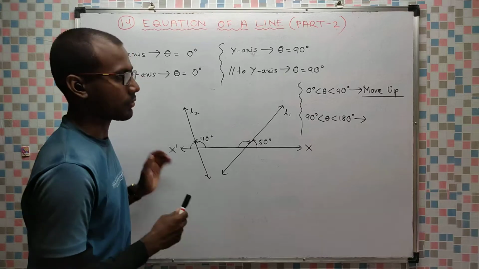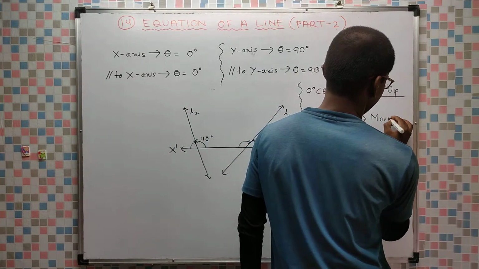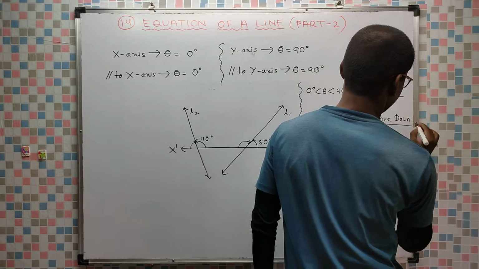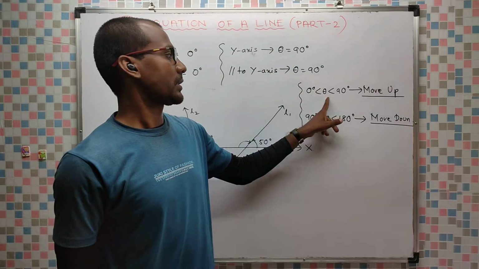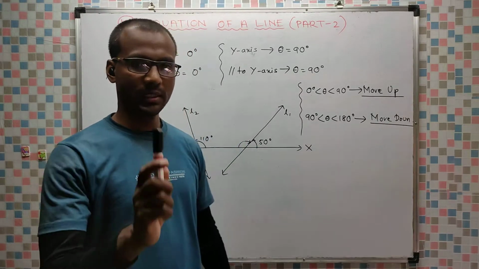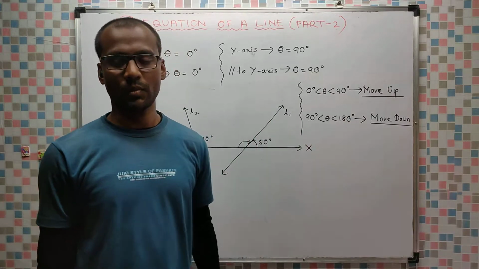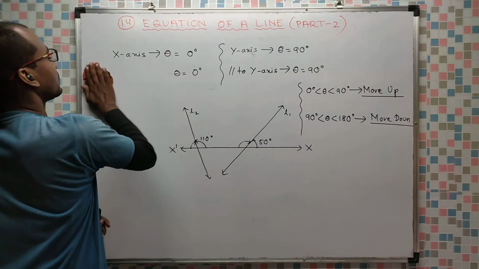Opposite. So remember this, acute angle then move up. Obtuse angle then move down. Remember this, acute then move up, obtuse then move down. Okay, so this is about angle of inclination.